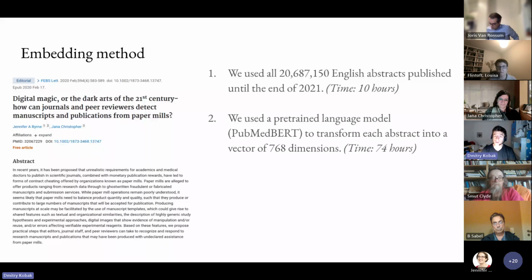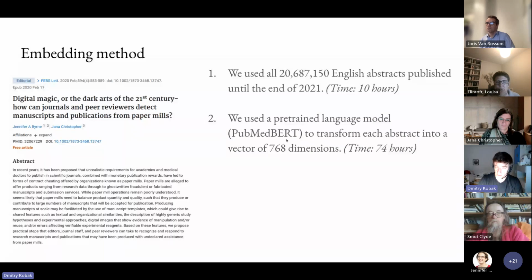Well, we use a large language model, or a rather small large language model, that we didn't train, that was pre-trained before by another team, specifically on medical texts. So it's supposed to be good for representing this kind of data.